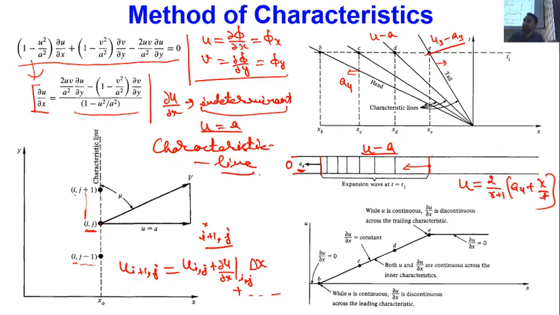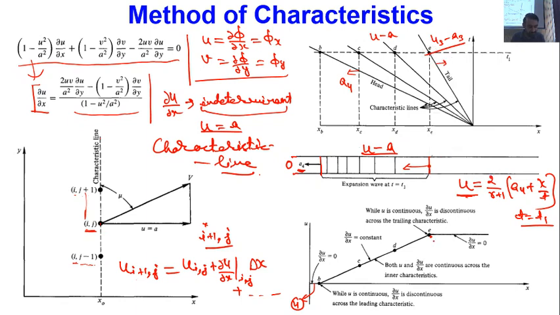Now let's fix a value of t. Say I consider t equal to t1. At t equal to t1, if I see the variation of velocity along this region, it will be linear. You can see this is my region 4 where velocity was 0. Then this is the tail point at time t equal to t1.